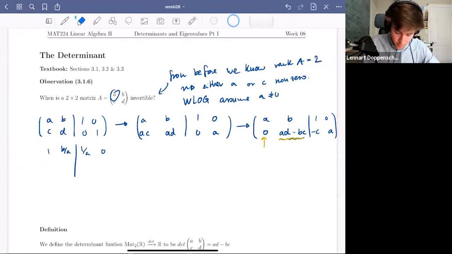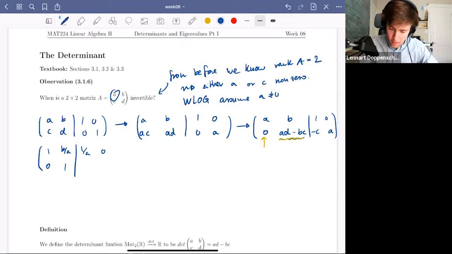And the other entries are 0 and 1. And notice that in order to divide by something, we've already said that A is non-zero, so that's fine. But AD minus BC has to be non-zero in order to divide by it. So in good faith, let's assume this is non-zero.